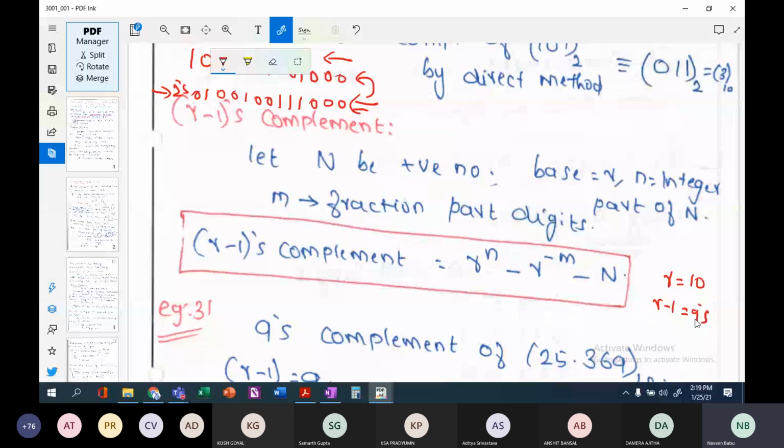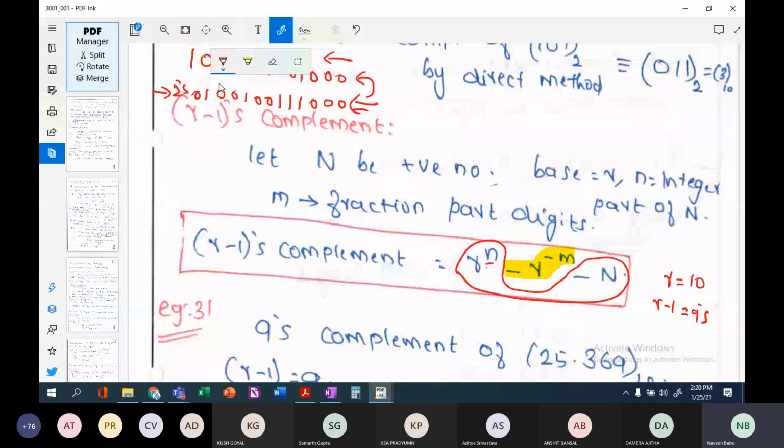For the 9's complement, the general representation is r power n minus r power minus m minus n. N again represents the same thing, and this part is the same as in the previous r's complement method. The only addition here is that we have minus r power minus m.